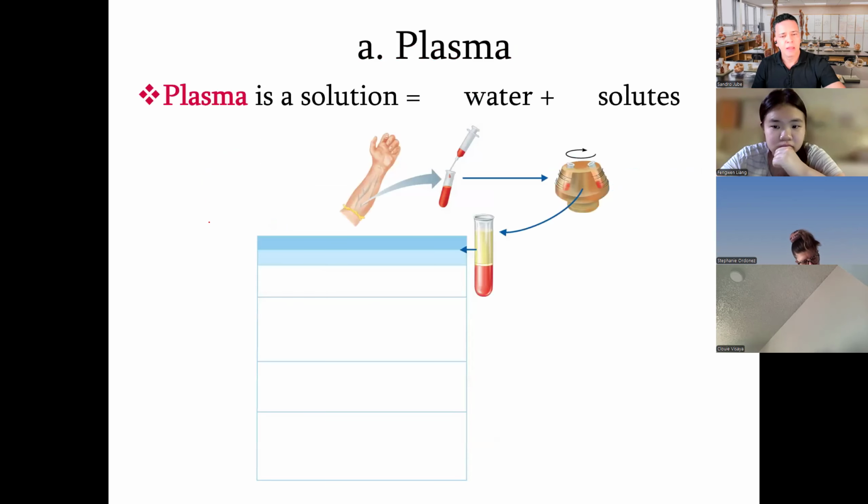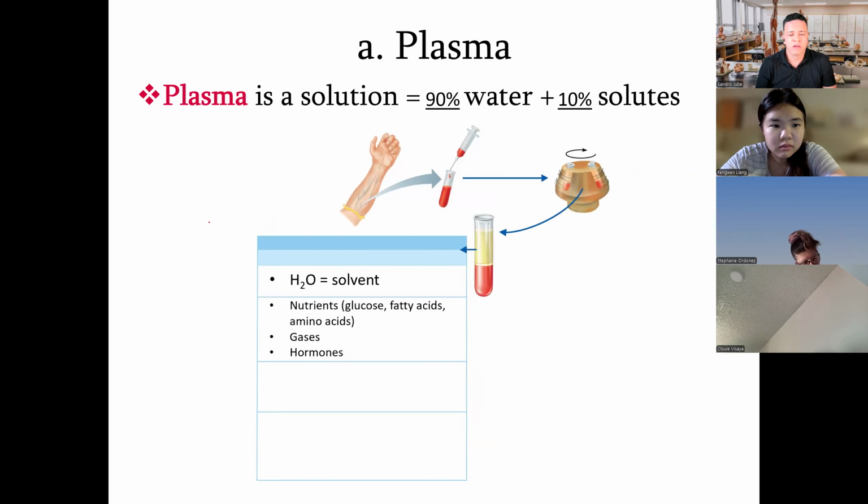All right. Now, let's take a closer look at the plasma and let's see what we find in the plasma. So the plasma, as I mentioned earlier, is mostly water, about 90% water, and then we have about 10% solutes dissolved within the water. Now, among the solutes, what are we going to find? We're going to find the nutrients, glucose, fatty acids, amino acids.